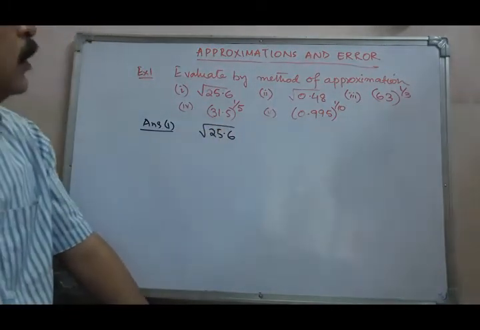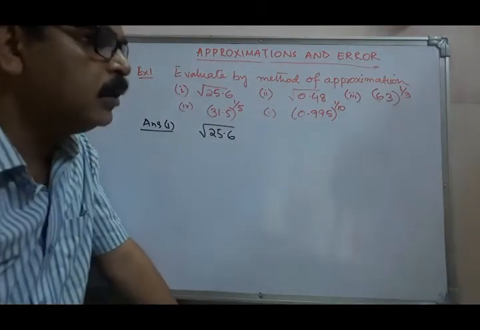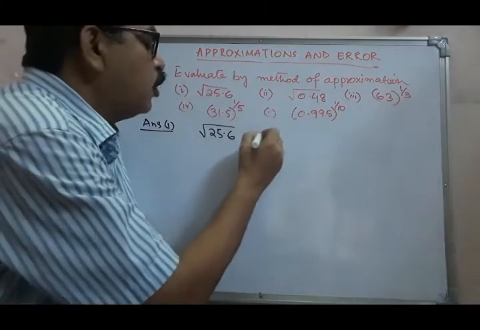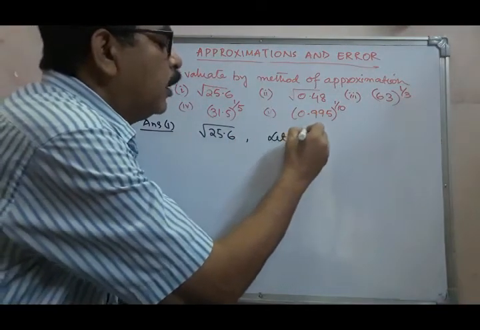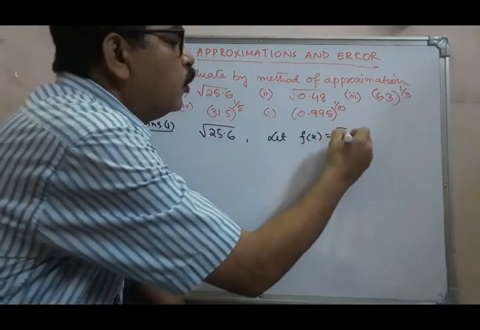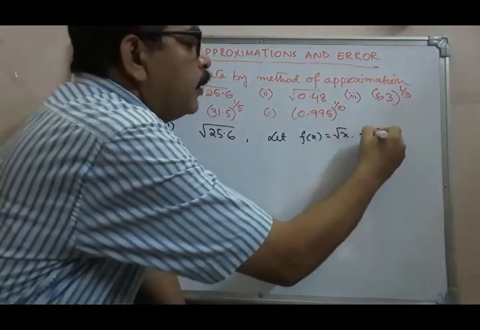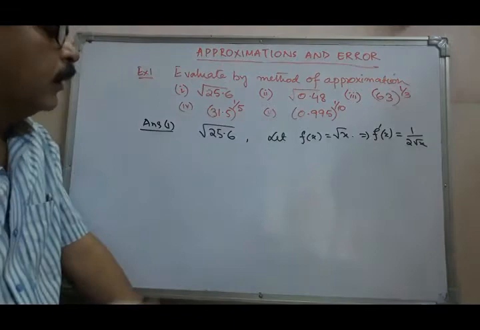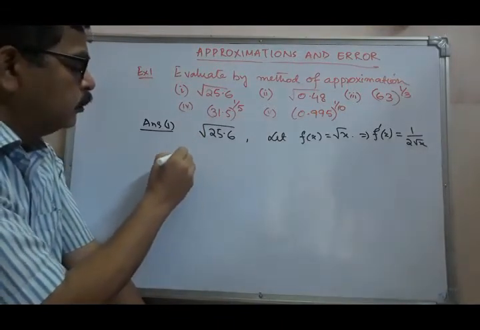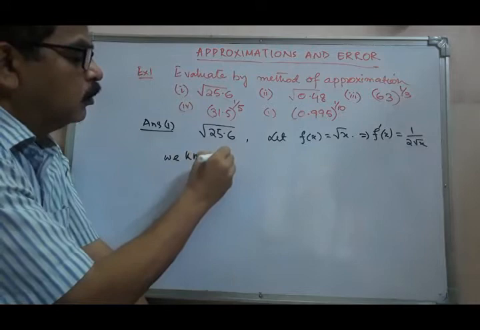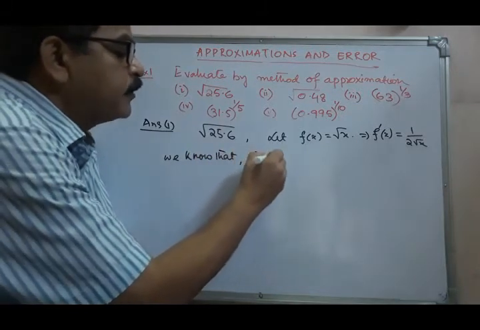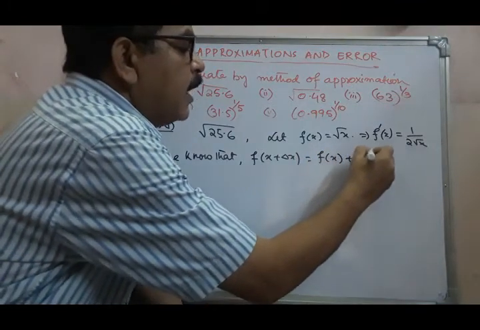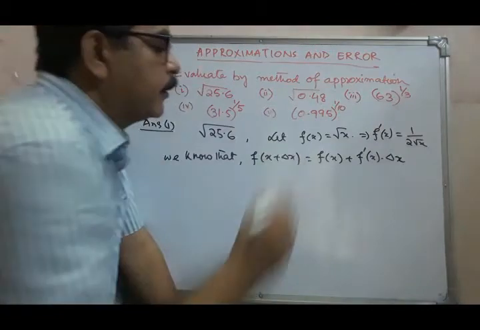25.6. So here the nature of the function is to find the square root of the number 25.6. That's why we take let f of x equal to root x, and therefore f dash x equals 1 by 2 root x. We know that f of x plus delta x equals f of x plus f dash x into delta x.